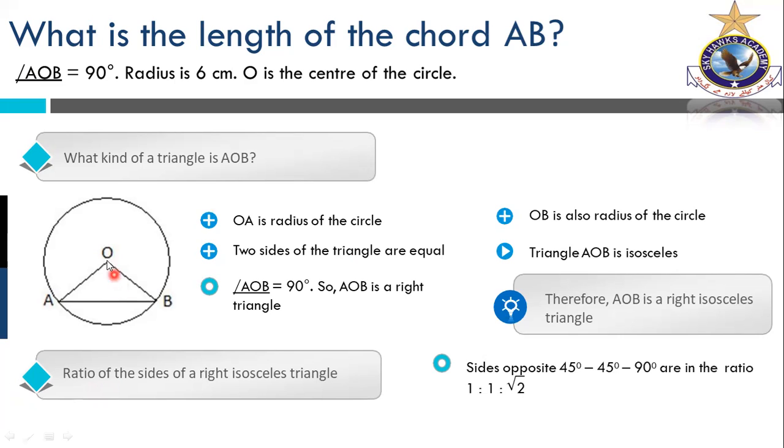If this side is equal to that side, the angle opposite to it is equal to the angle opposite the other one. Are you getting me? That is a theorem.